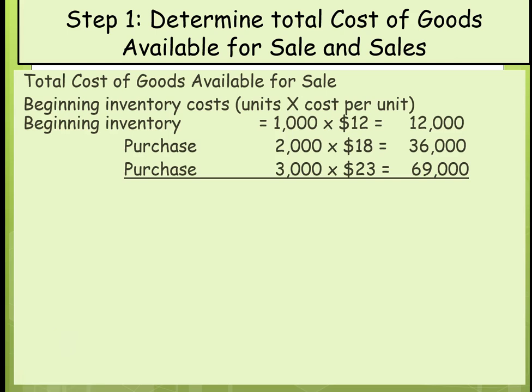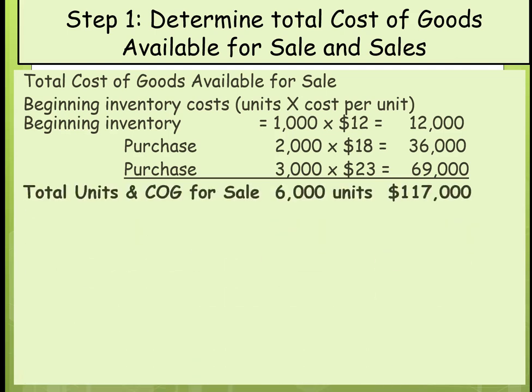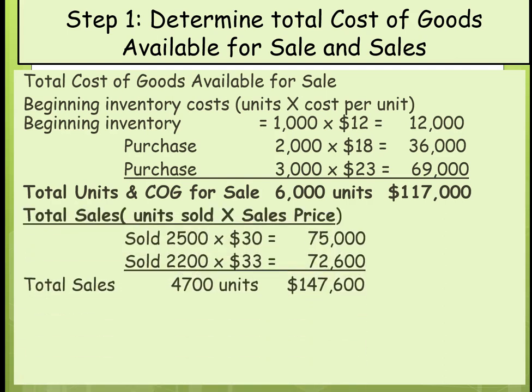First of all, what you want to do is figure out total cost of goods available for sale. And that's 117,000, and you had 6,000 units available. Next, you want to figure out your total sales price, which is 4,700 times, for 147,600.